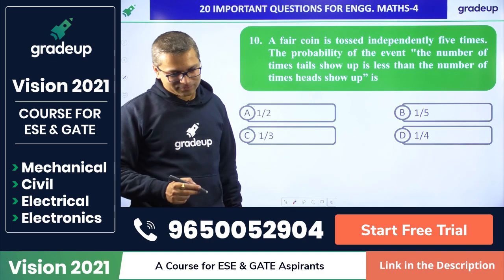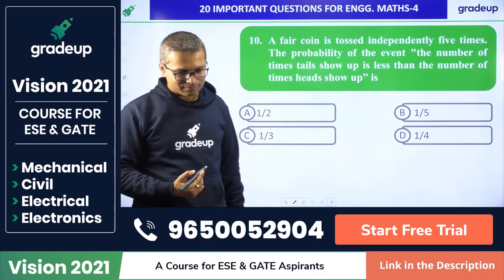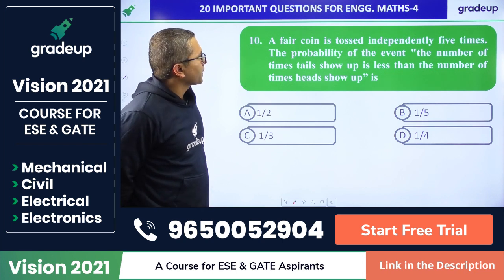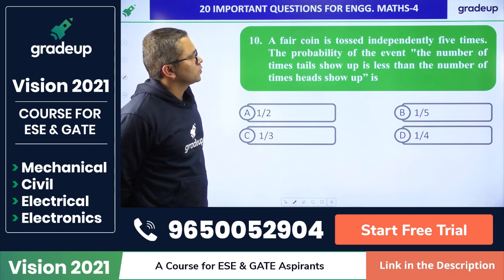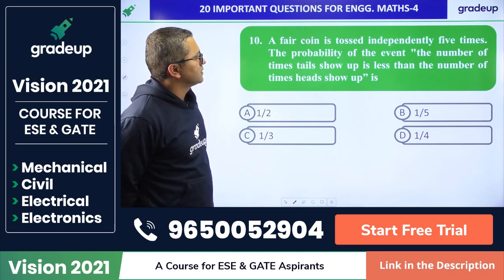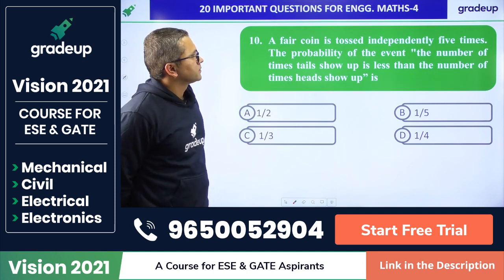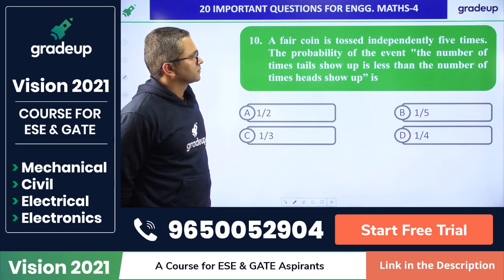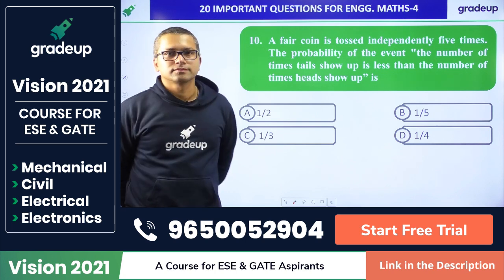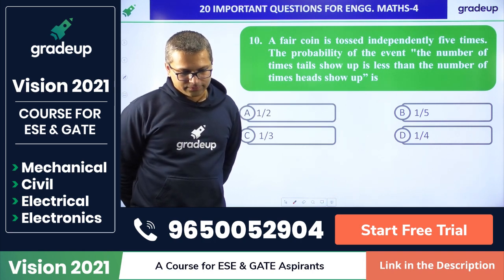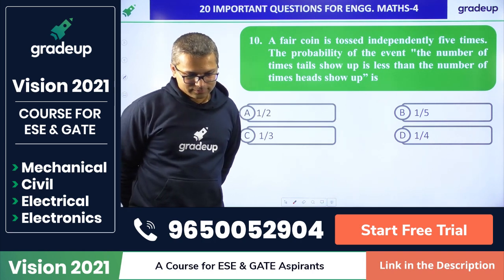Come on guys, let's do this. The number of times tails show up is less than the number of times heads show up. What do you think it is?